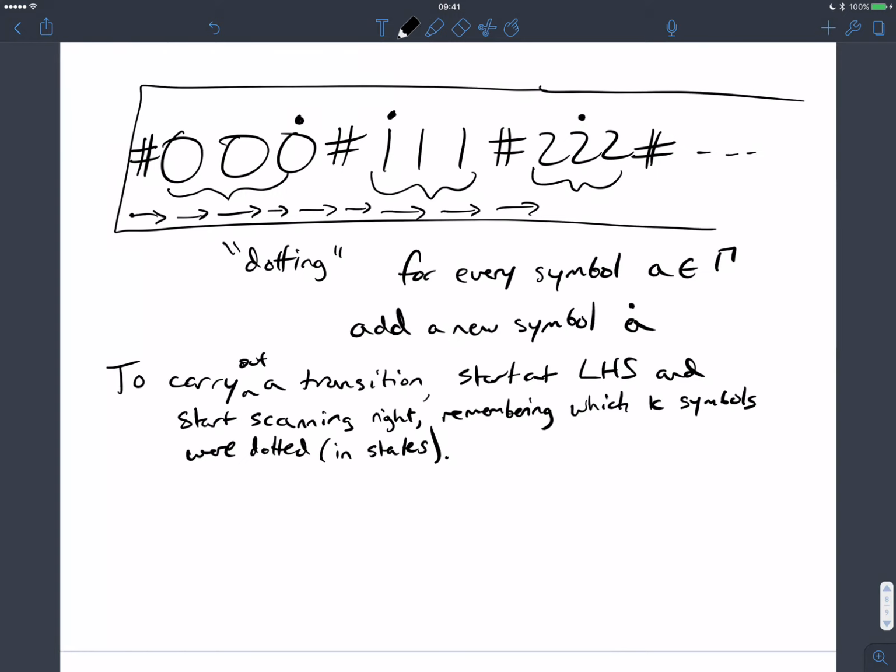So once I remember in states what transition to do, and I'm all the way at the right-hand end of the tape, what should I do? Start scanning left. Until what happens? I find a dotted symbol, and then what do I do with it? I don't need to remember because I already remembered it. I carry out a transition of the original machine.